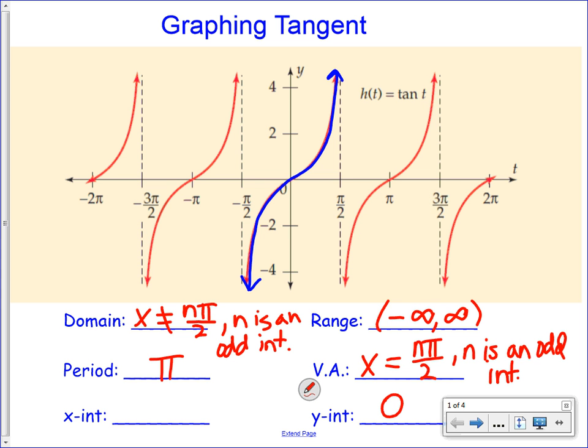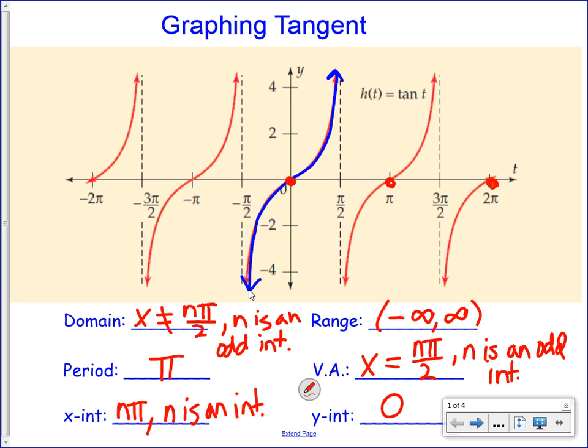And then the x-intercepts for tangent, again, they repeat, or they are infinite. So we look for that pattern. Your x-intercepts occur at 0, at pi, 2 pi, kept going, 3 pi, 4 pi, 5 pi. So we're going to say n pi, where n is an integer.